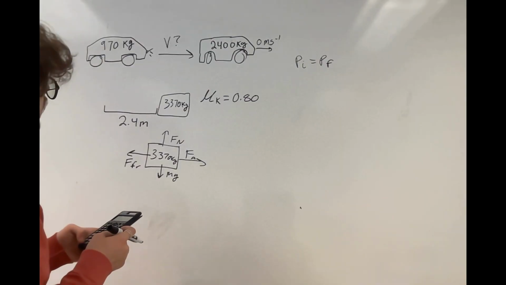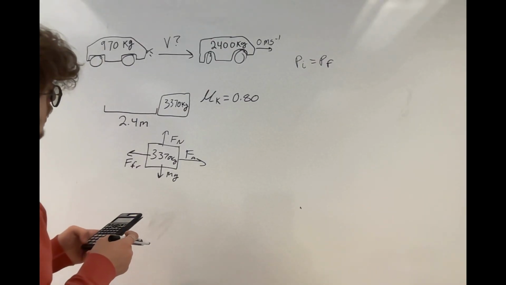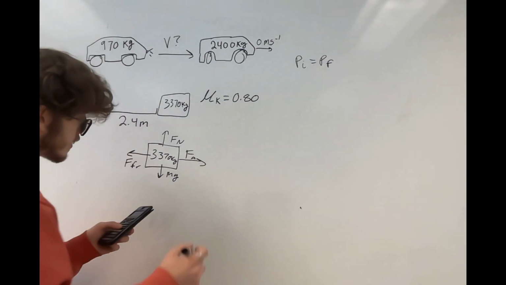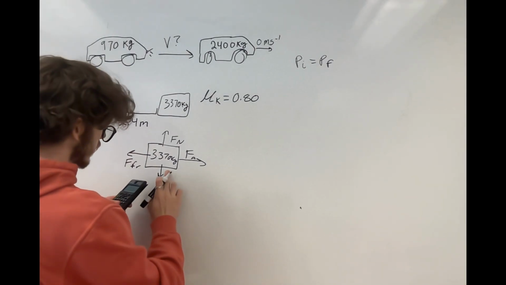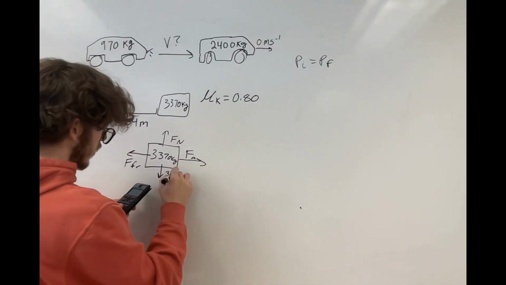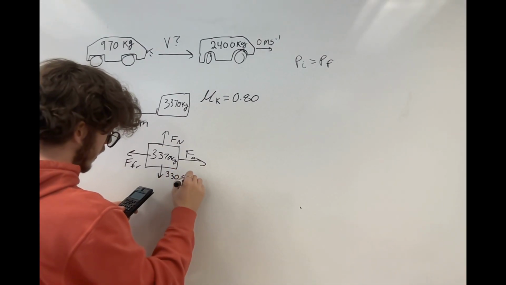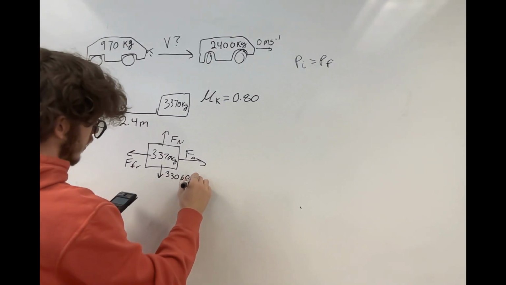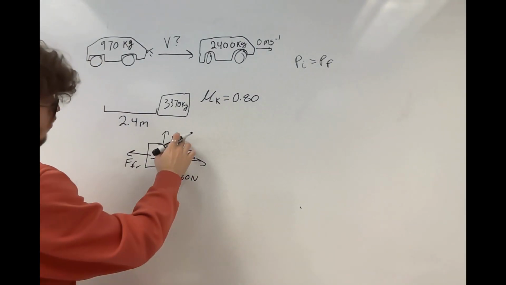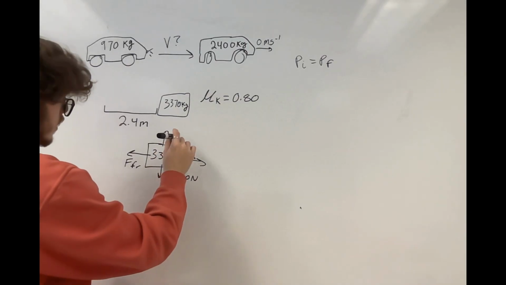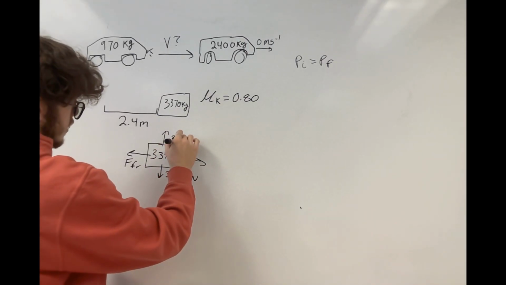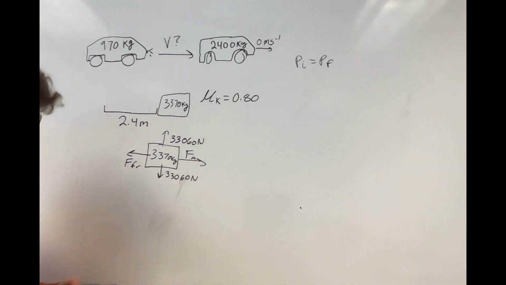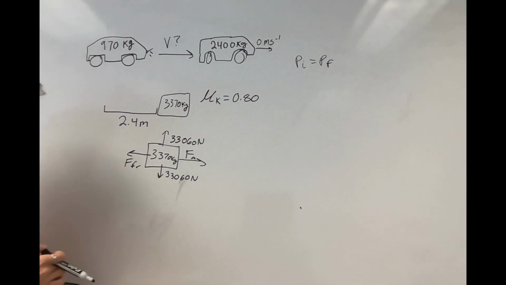The mass times gravity is 3,370 kilograms times 9.81 meters per second squared. We get the weight to be about 33,060 newtons. This means the normal force is the same in magnitude, and I'm not going to use relative values here, I'm just going to use their magnitudes.